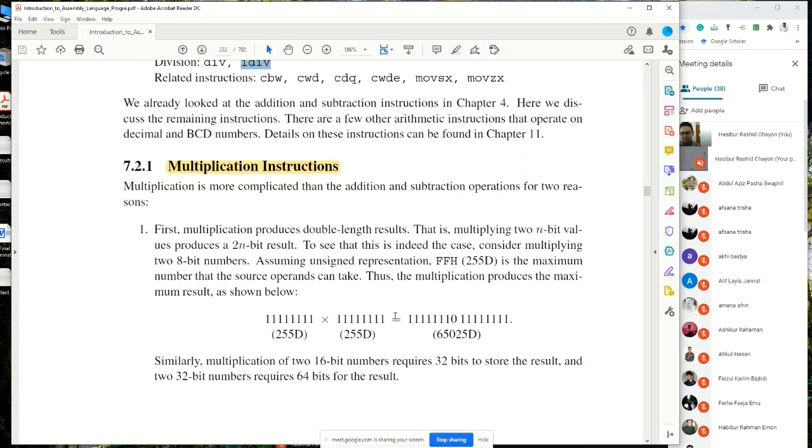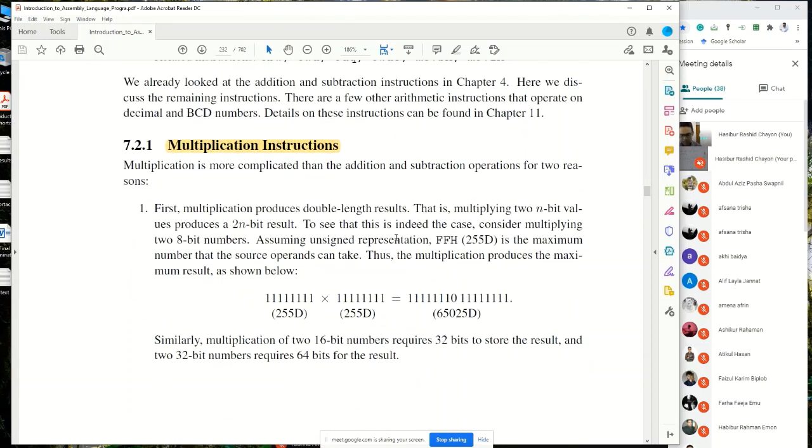So let's start with the multiplication instruction. In this multiplication instruction, we have a little bit of complication compared to addition and subtraction. They found two issues.